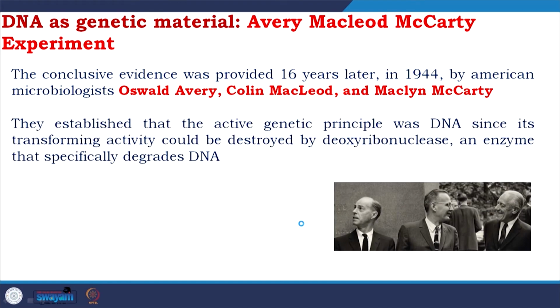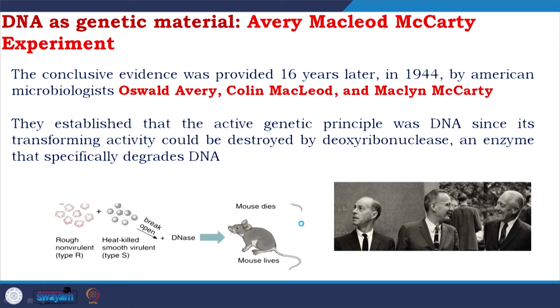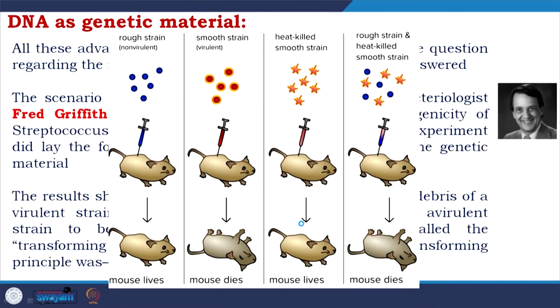They established that the active genetic principle was DNA, since its transforming activity could be destroyed by deoxyribonuclease, an enzyme that specifically degrades DNA. So, they took the rough non-virulent and heat-killed smooth virulent strains, which had already been used in the earlier experiment by Fred Griffith.